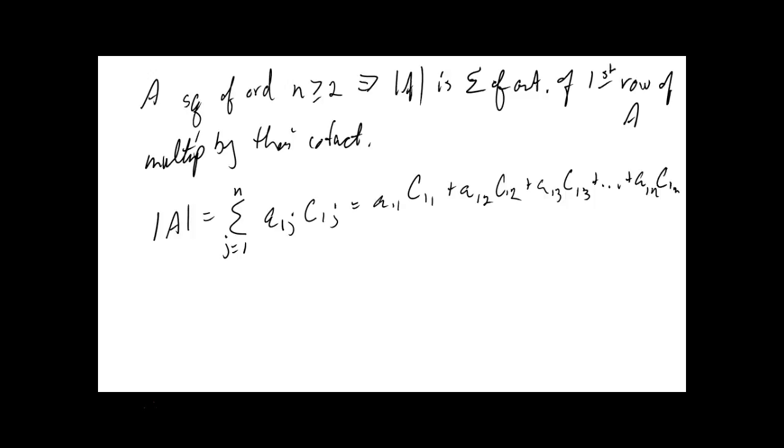So let's do example 3. Okay. Here is A: 0, 2, 1, 3, negative 1, 2, and 4, 0, 1.